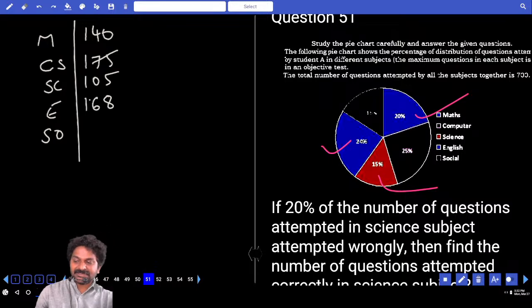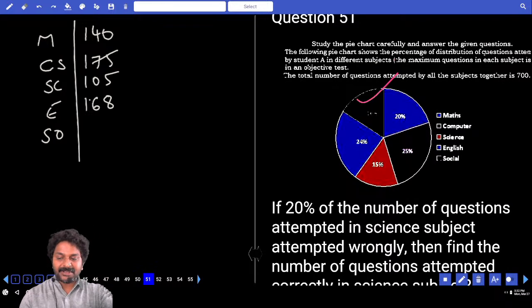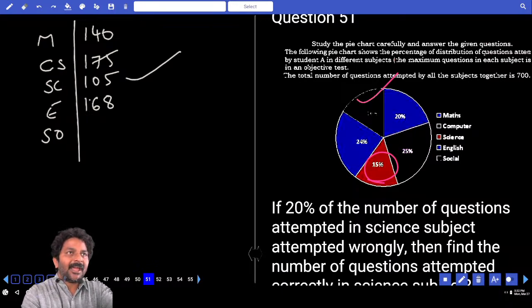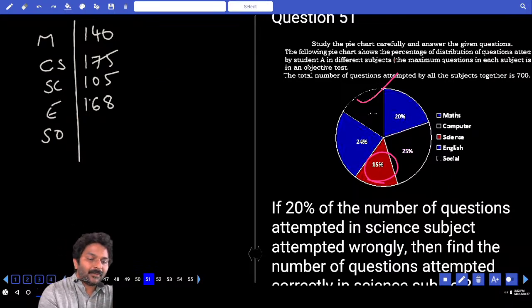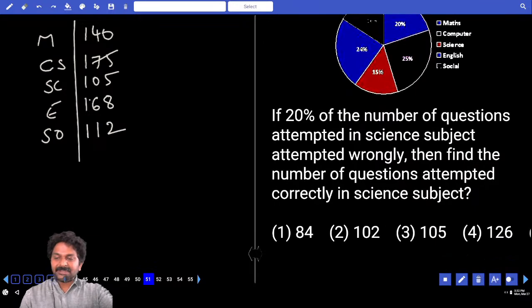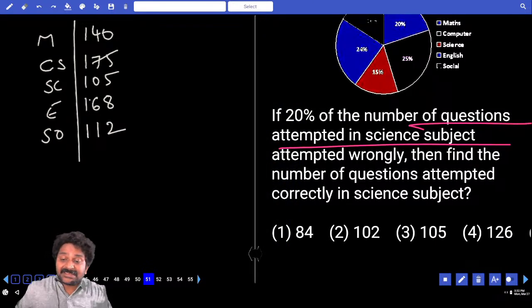168. Next is 16%. 16% in the sense, adding 1% to 15%. 15% we already know, which is 105. Add 7 to that number. 112. Okay. If 20% of the questions attempted in science subject were attempted wrongly, find the number of questions attempted correctly in science subject.